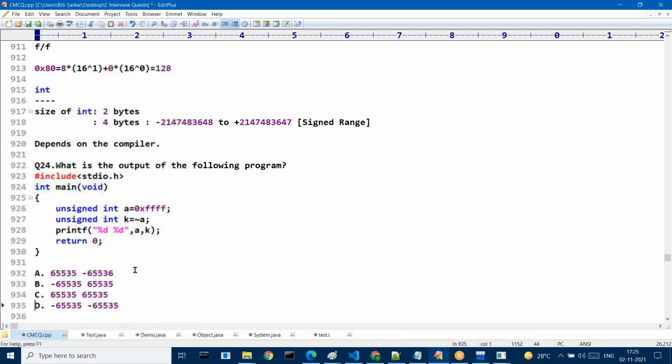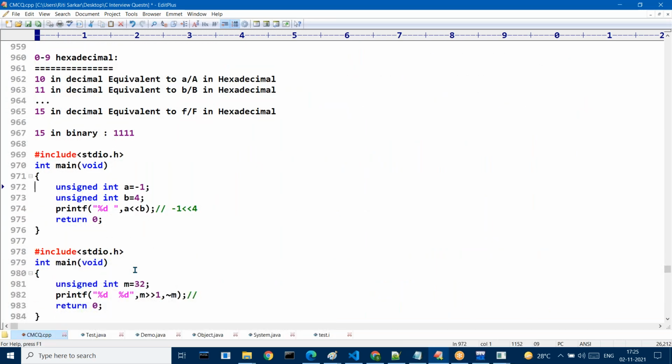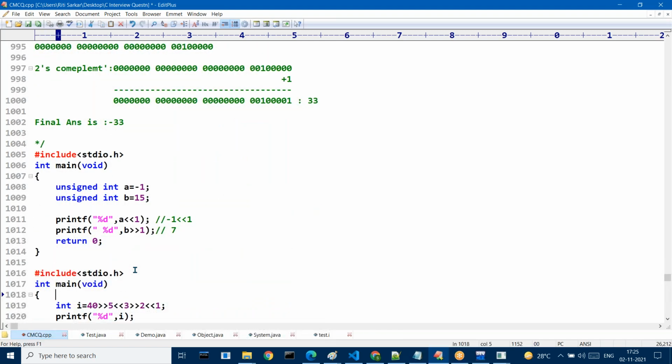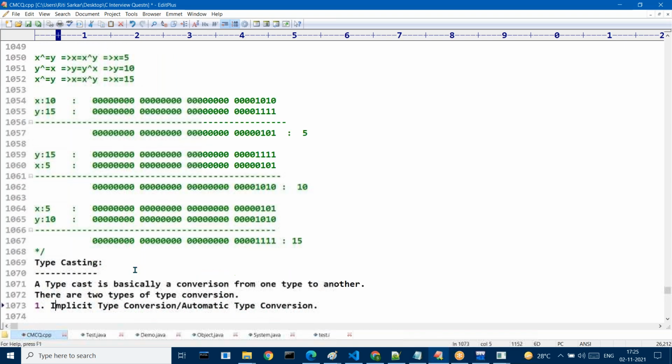Okay. 24. Up to 24 I prepared. From 25 onwards I have to prepare. I will do that for you. 25, 26. These are roughly done. 27. Already we practiced this, na? 28 last week, last class. 29. 30. So last week we practiced at least 30 questions, guys.